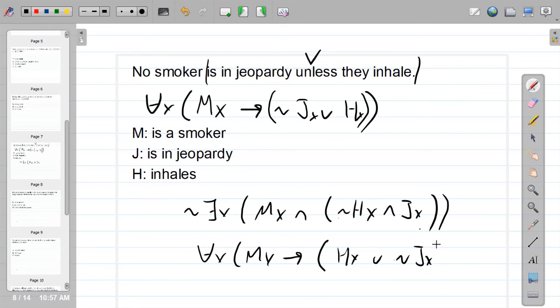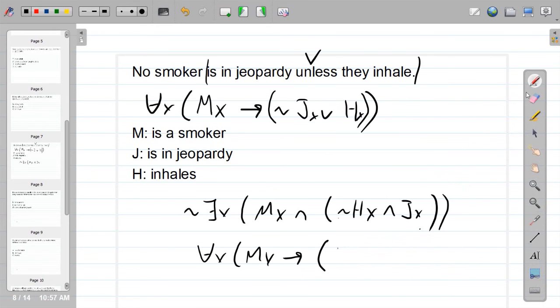No, just the first one exactly how it is. Instead of not j, it's not x. I mean, oh, I just flipped those around. I did it wrong. Okay. Not hx or jx. I think that's okay.